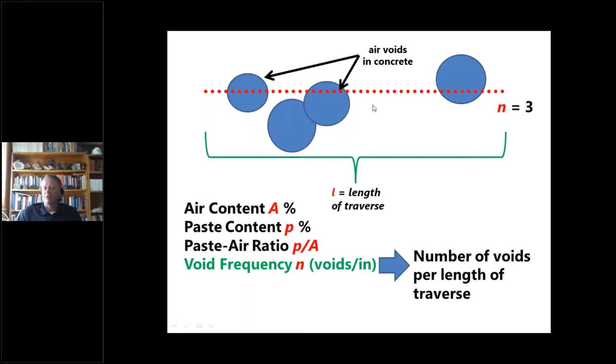So in the example that I'm showing you above, our traverse line, shown by the little red dots, goes through 1, 2, 3 air voids. So the void frequency for that particular length of traverse is 3. How many voids per length, voids per inch or voids per millimeter? The reports are given in both metric and English units, and you can toggle between the two depending on what the client prefers.